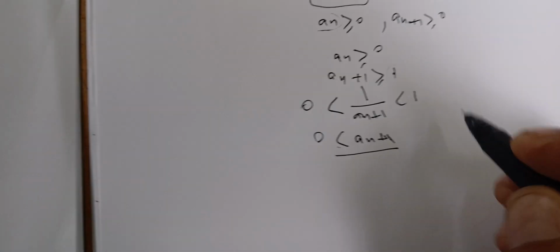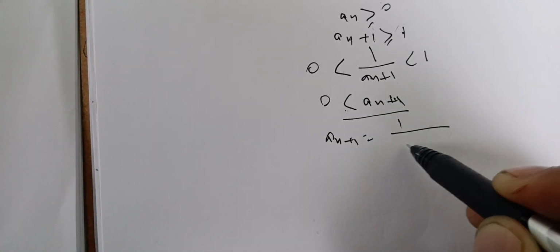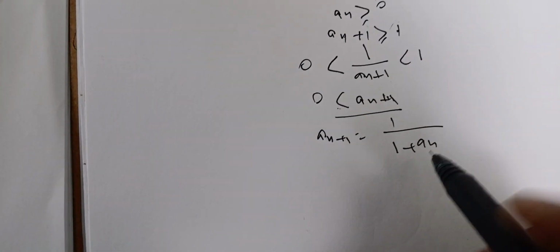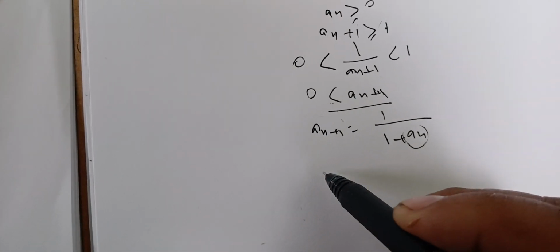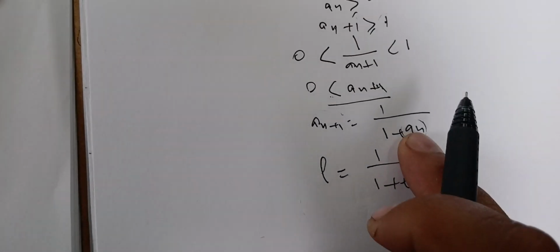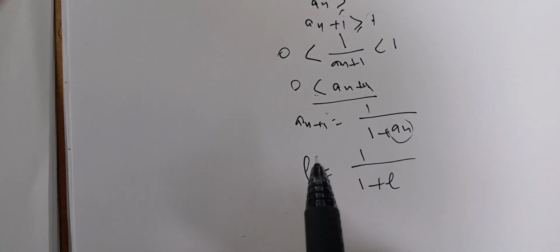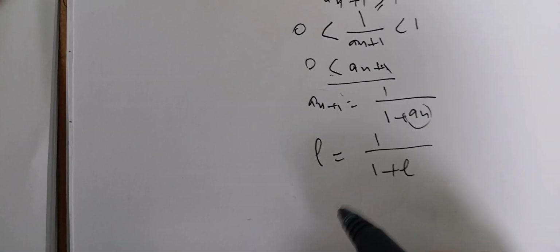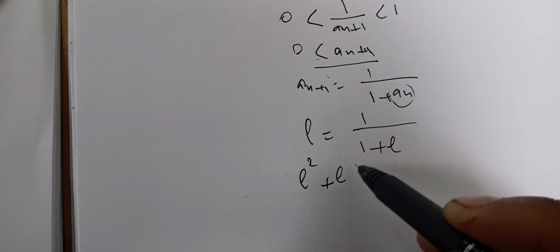Now, since we have the relationship a_{n+1} = 1 over 1 plus a_n, where a_{n+1} goes to L and a_n goes to L, we can just solve L = 1 over 1 plus L, where L is the limit of a_n as n goes to infinity. Using cross multiplication, we have L squared plus L equals 1.